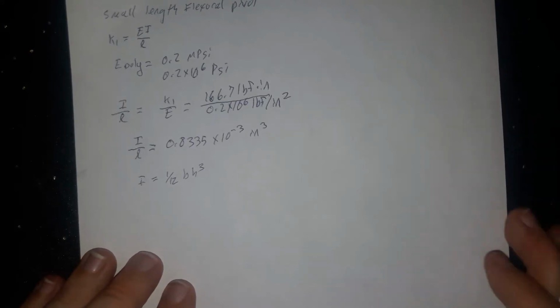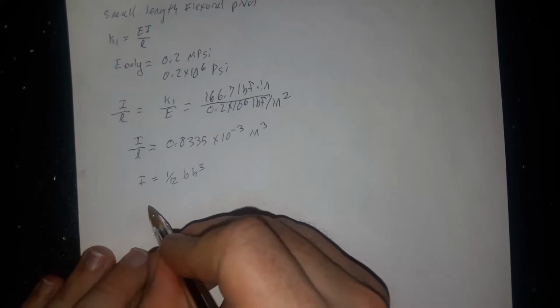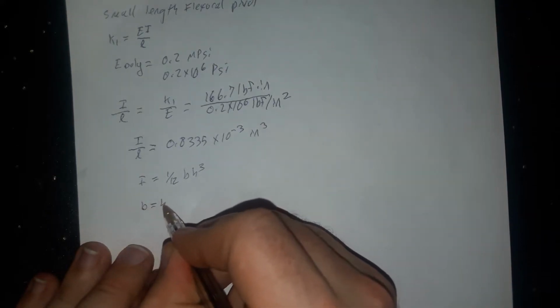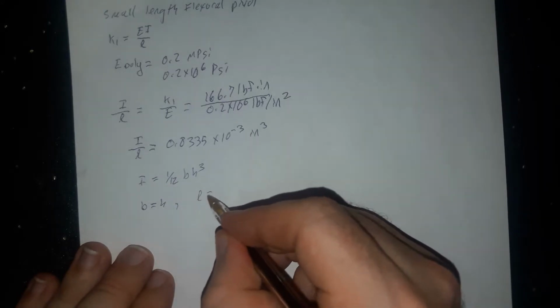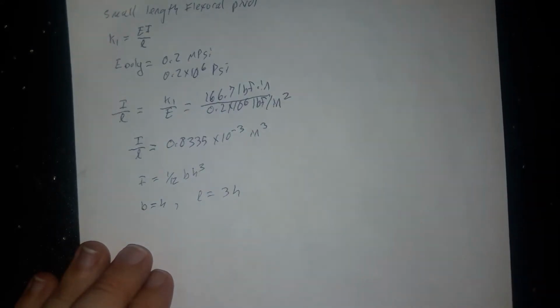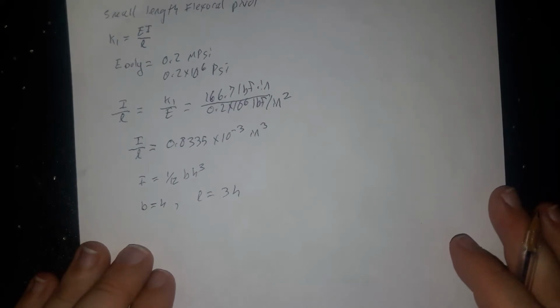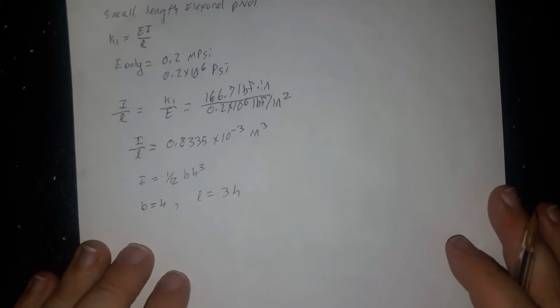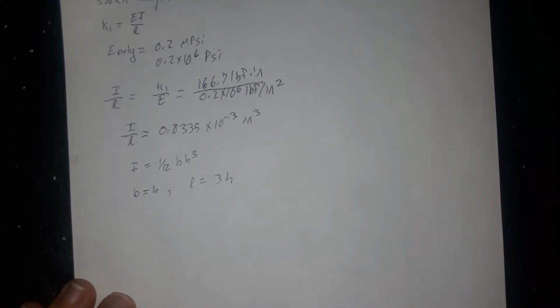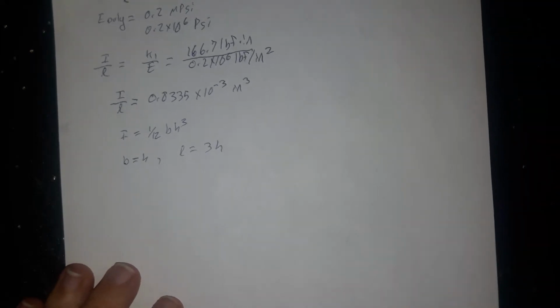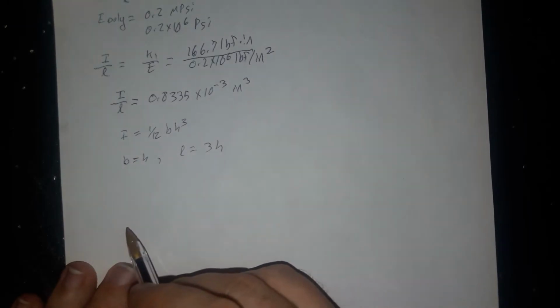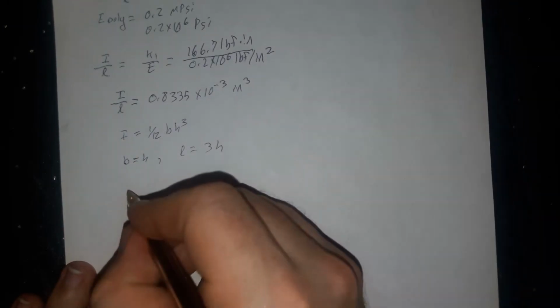And so just to get a feel for what this might look like, I'm going to make an assumption that B equals H and that L equals 3H.